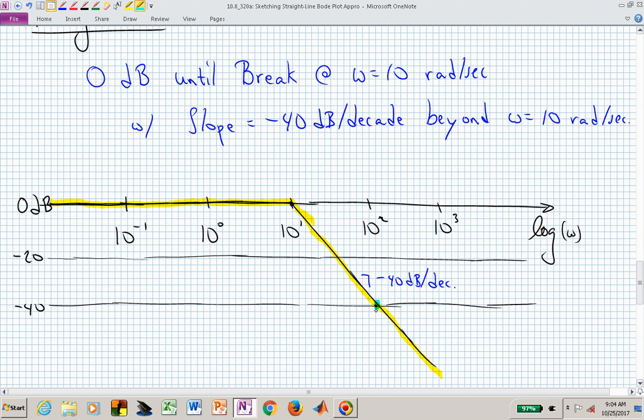So you could just draw a dot there, and if you have a ruler, you can put your ruler down and connect those dots, and now you have the component part of this individual term, its magnitude. This is now the magnitude in dB of this quadratic approximation.